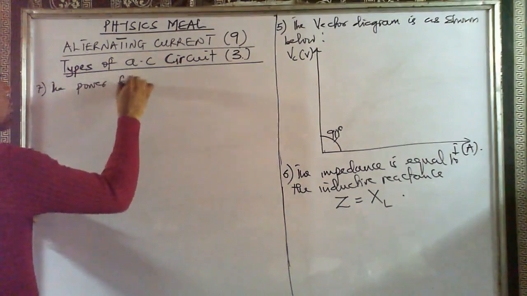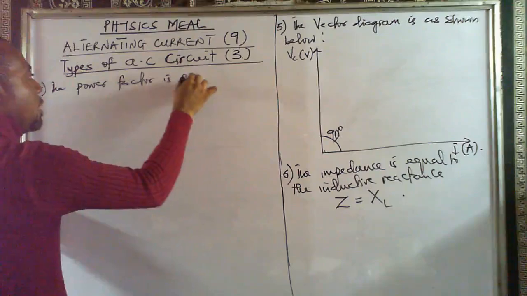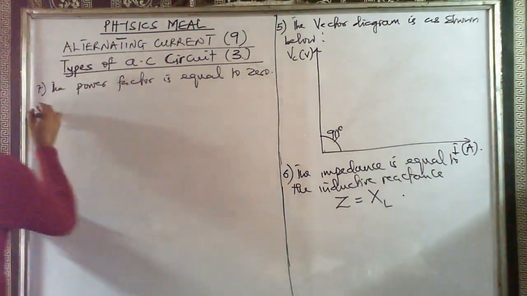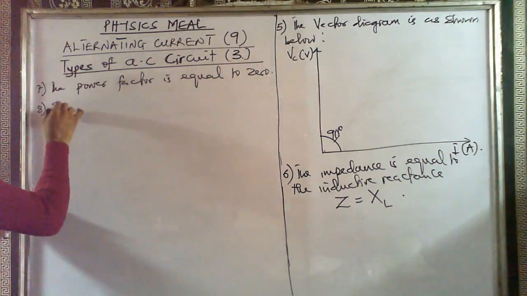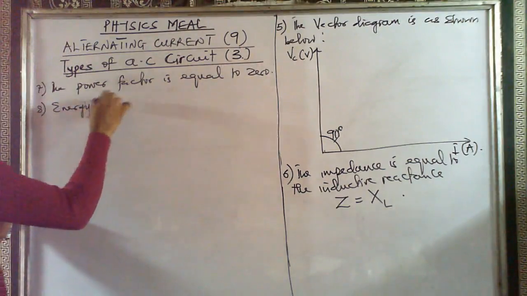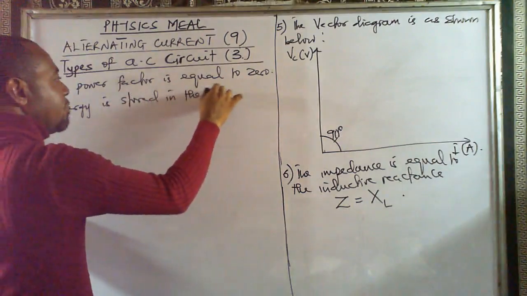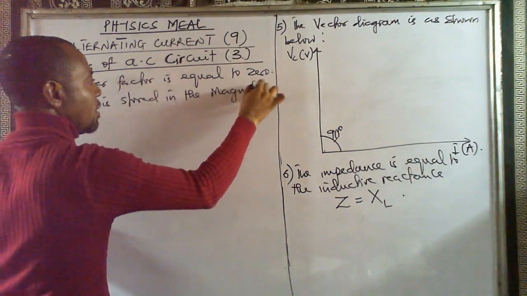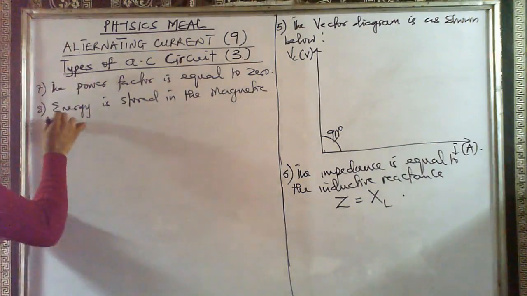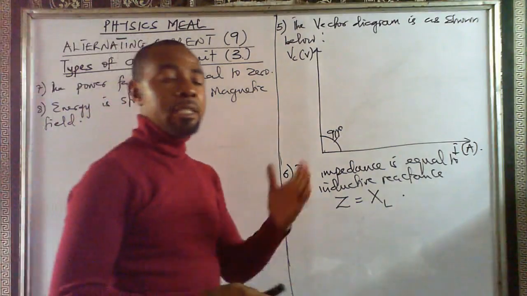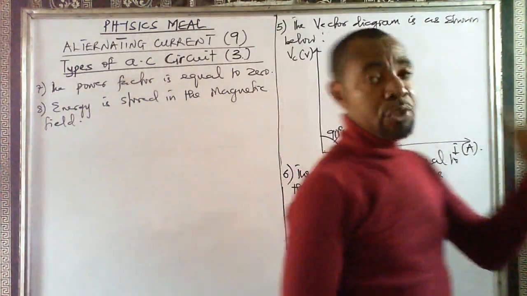So in this case, energy is stored in the magnetic field. So the significance of energy in the three circuits differ.